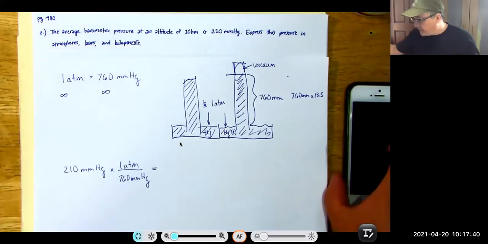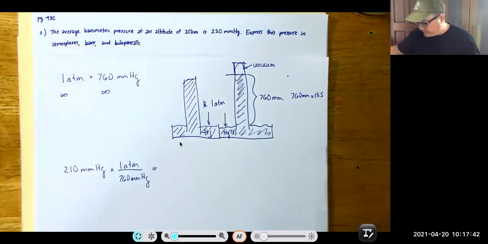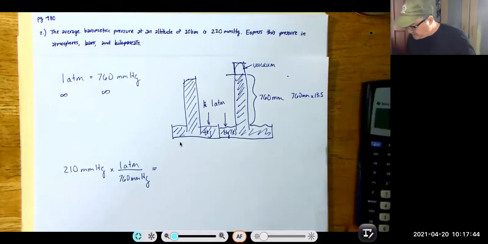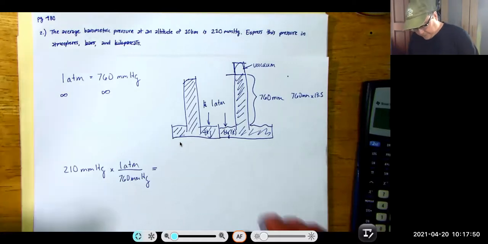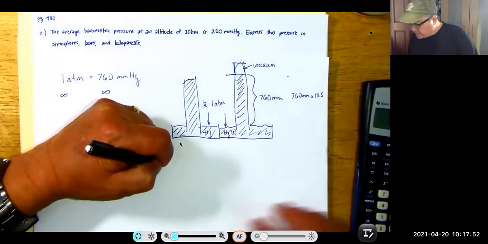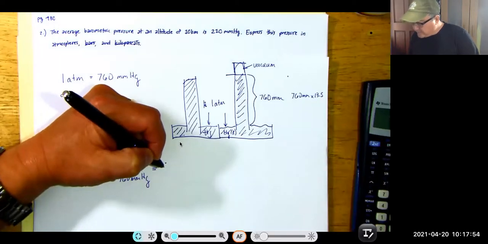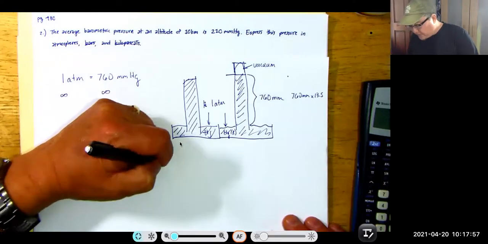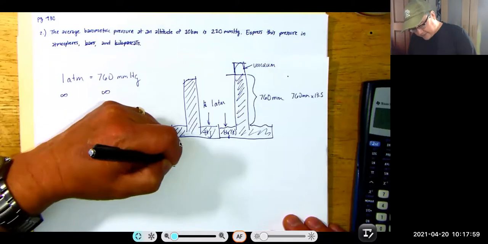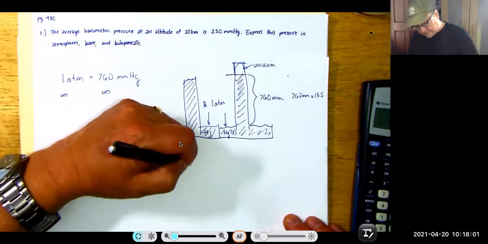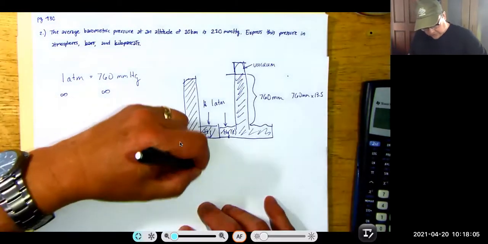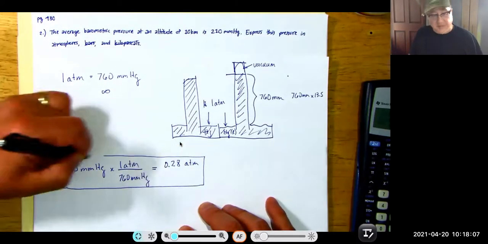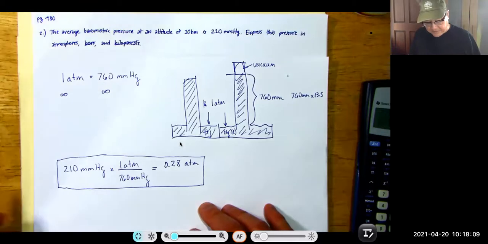Let me pull out my calculator and see what we get. 210 divided by 760 is equal to 0.28 atmospheres. There you go. Of course, this is the kind of work I'd expect to see for a problem like this, with the correct number of significant figures.